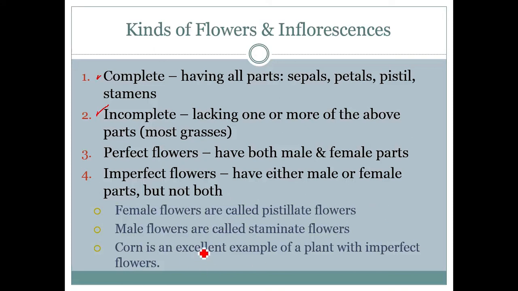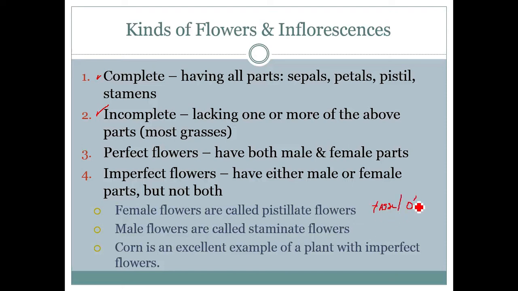Corn is a plant that has flowers at the top, the tassel, and a flower at the bottom, or along the side of the plant. Well, it's called the ear, and again, an ear is an inflorescence, really, but not a flower. But you have the tassel at the top in corn.